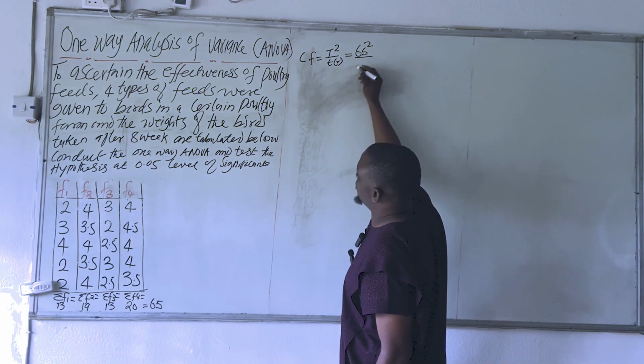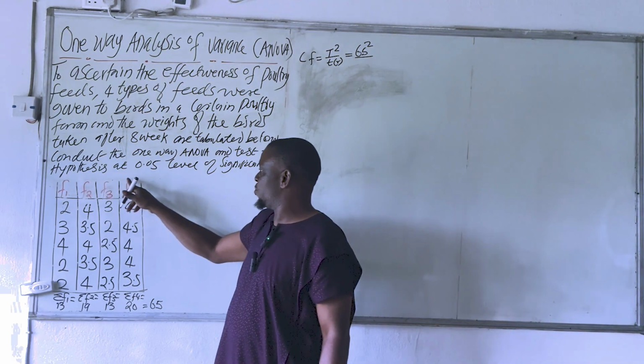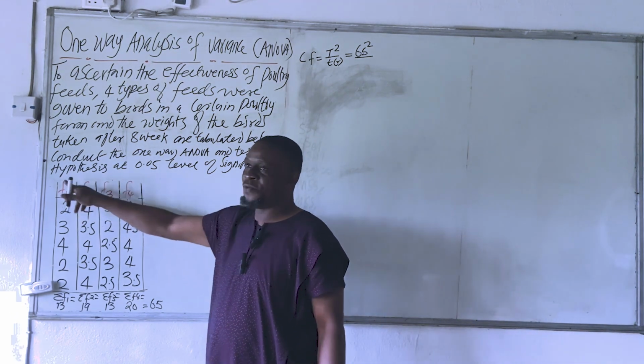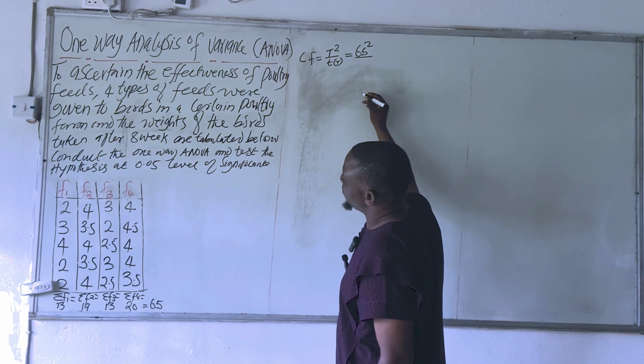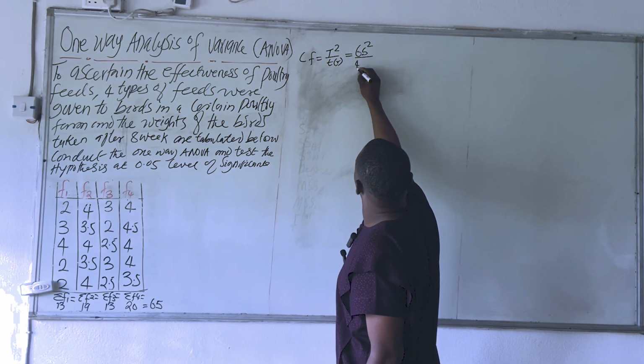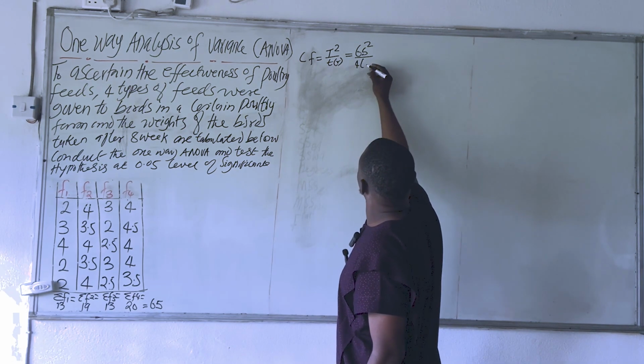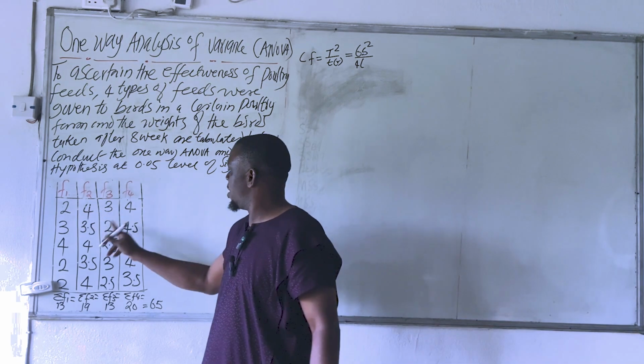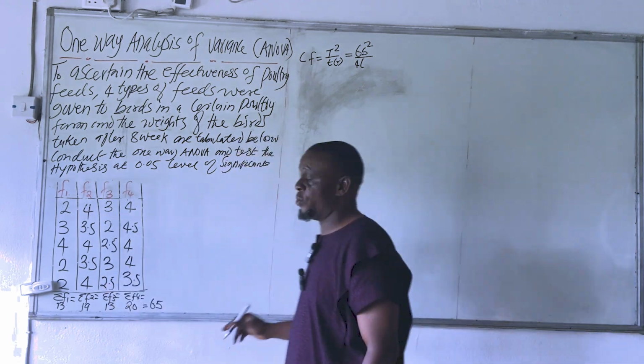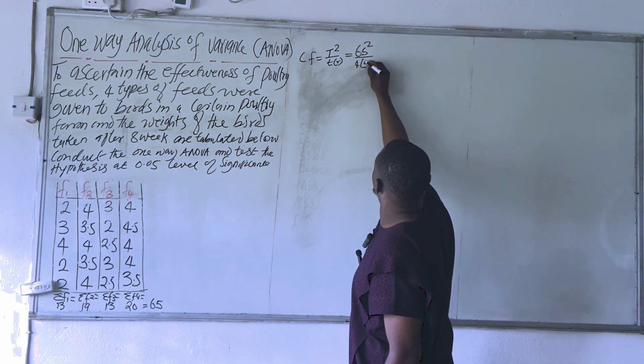all over t, the number of treatments, which is 1, 2, 3, 4. So we have 4 times r, the number of rows, and we have 1, 2, 3, 4, 5 rows, which is 5.